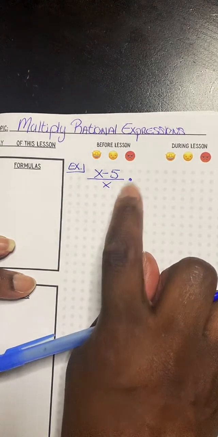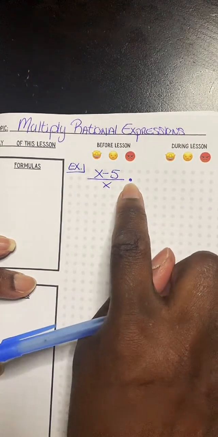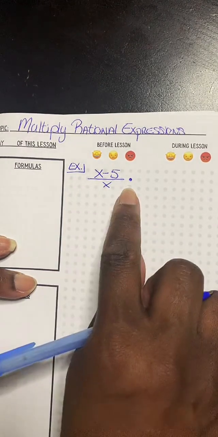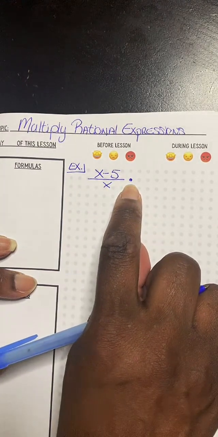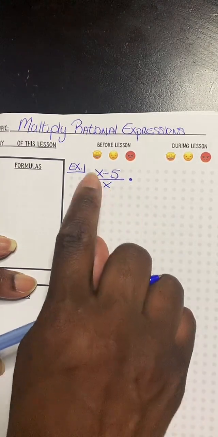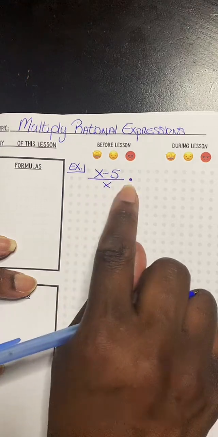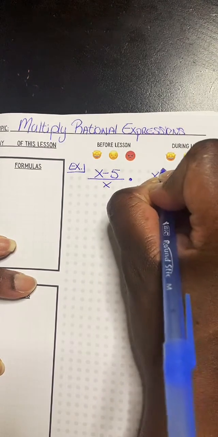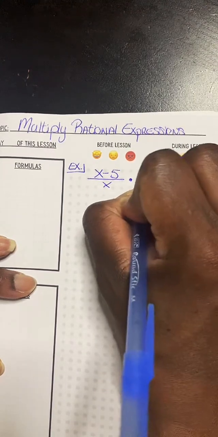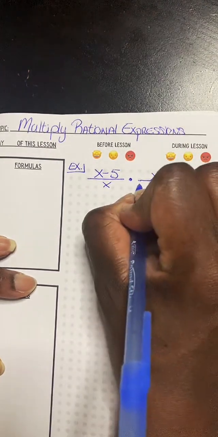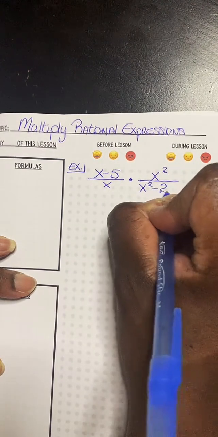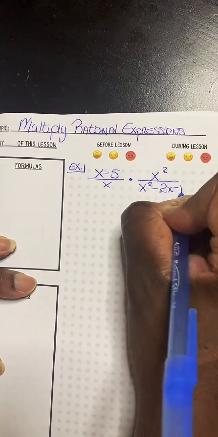Once you get into algebra, you can't use an x for multiplication, because you're using x's for variables. So we're using the dot. We have x squared over x squared minus 2x minus 15.